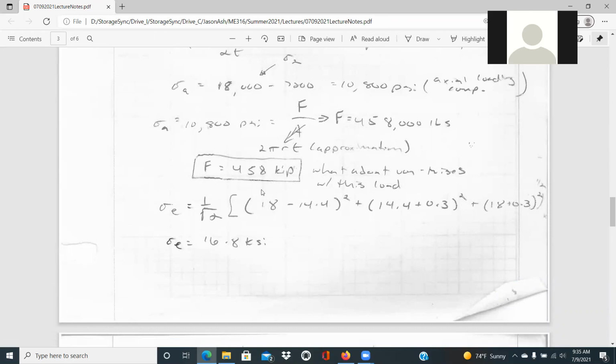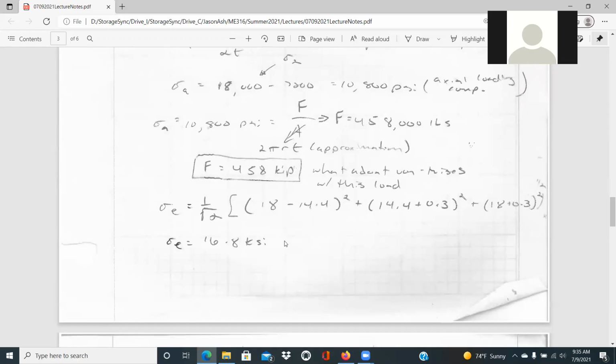So even though we have an axial component that's 18 KSI, just based on that biaxial strengthening area, the equivalent uniaxial state of stress for von Mises is slightly lower, at 16.8 KSI.